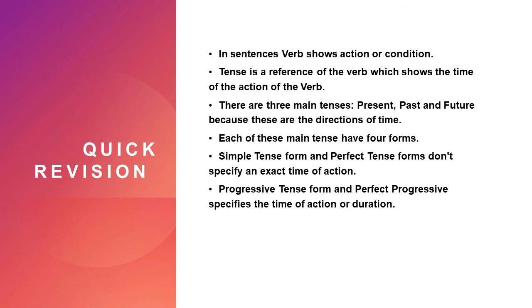The progressive tense form and the perfect progressive tense form specify the time of action or duration, the exact time in which this action took place. Now these are general use cases of these tenses. The specific use cases have been discussed in the previous slides.